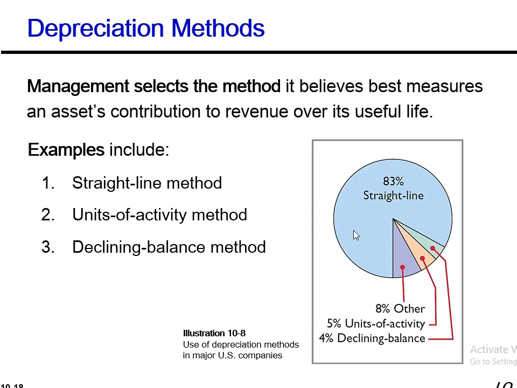All other methods which you are not going to study are around 8%. Then 5% use the unit of activity method, and 4% use the declining balance method. So the highly used method is the straight line method.